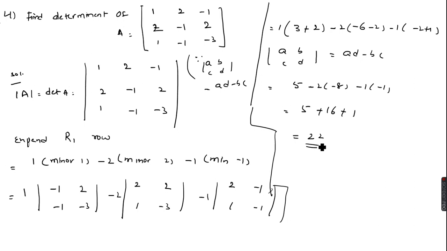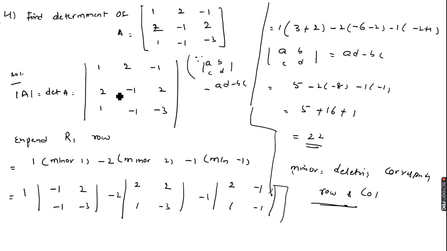Here, the minor is nothing but deleting the corresponding row and column. So here 1 2 minus 1, that is expand R1: 1 into minor of 1, 2 into minor of 2, and minus 1 into minor of minus 1.